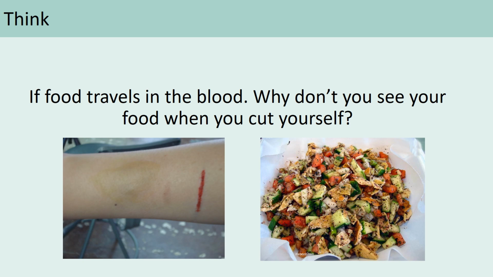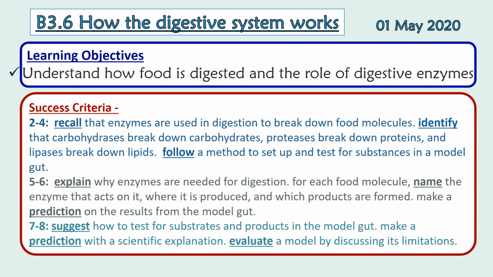Okay, so hopefully we've had a think about that. And hopefully we've got the idea that obviously it is broken down from the food into the basic structures, the monomers or the single units such as glucose, amino acids, those kinds of things.